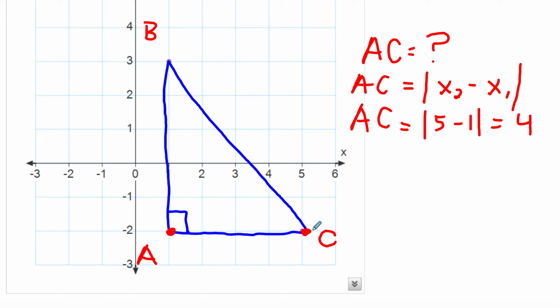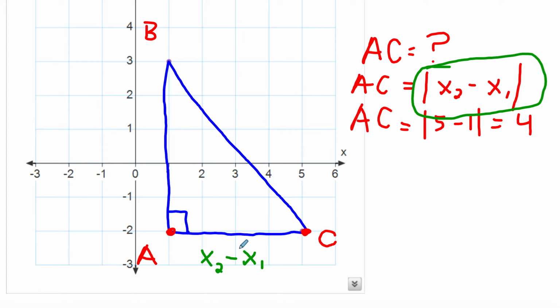But in general, let's say I didn't know the numbers, if it was just this graph. What we would say is that the distance AC is x2 minus x1.